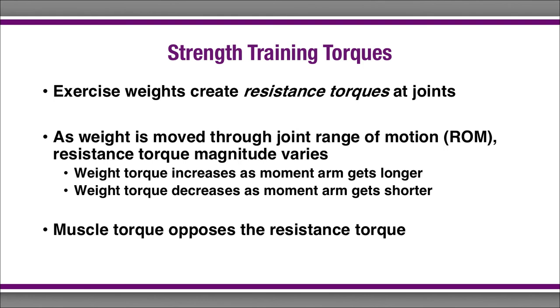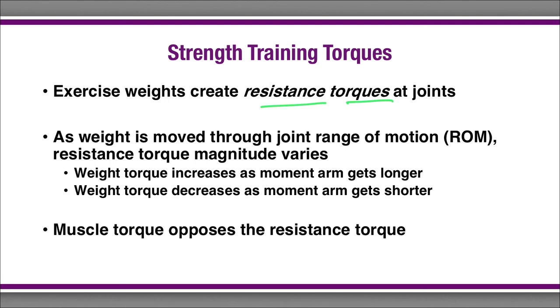Strength training torques provide us with a slightly different scenario to think about, in that exercise weights create resistance torques at joints. As a weight is moved through a joint range of motion, resistance torque magnitude actually varies. So weight torque increases as moment arms get longer and decreases as the moment arm gets shorter.